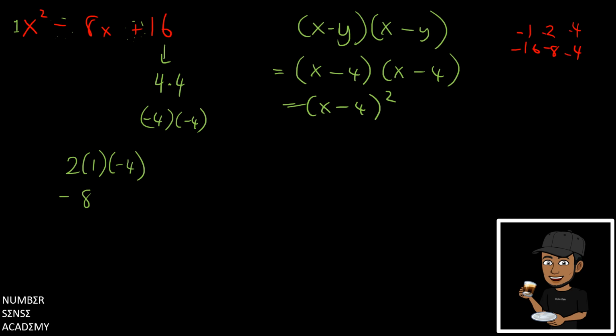Negative 1 plus negative 16 is negative 17. This will be negative 10, and this will be negative 8. So yeah, this is the only one that works. So there we go.